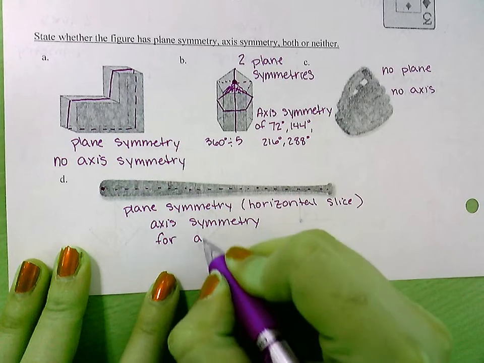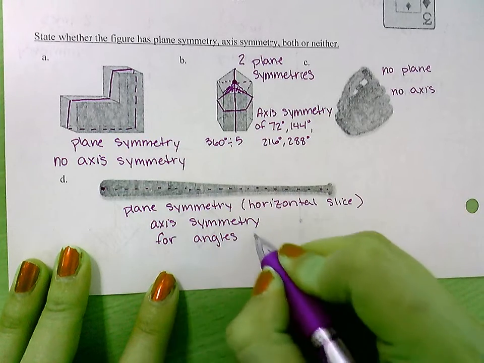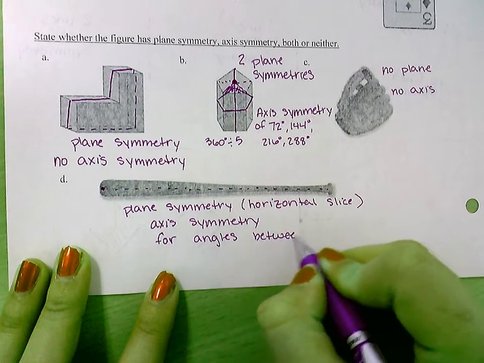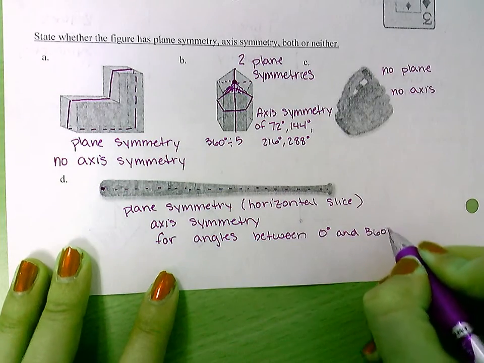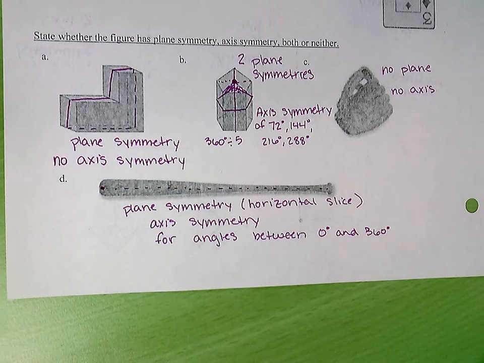So this is all angles between 0 degrees and 360 degrees. So if you notice you have a circle, a circular piece on anything, you could rotate that 1 degree and get all the way around. You could rotate that half a degree, get all the way around.